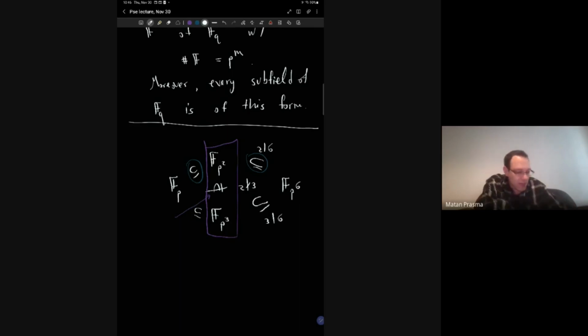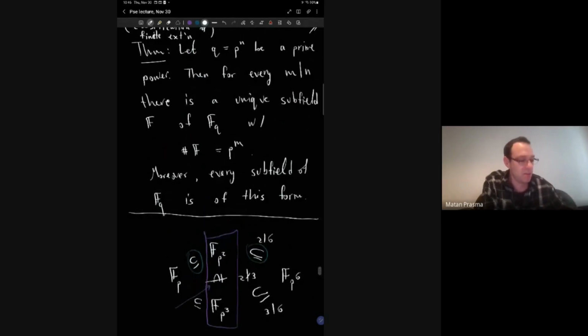So depending on our point set construction, it could be that F_p squared is included in F_p as a set, but according to this theorem, they will not be subfields, or a field extension.